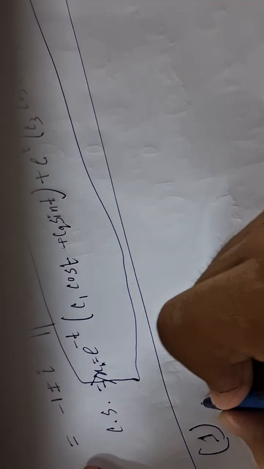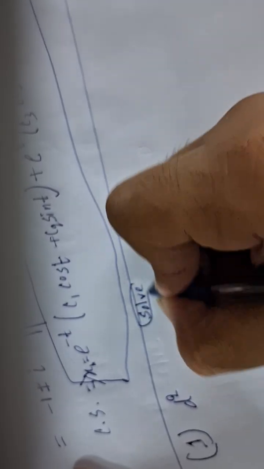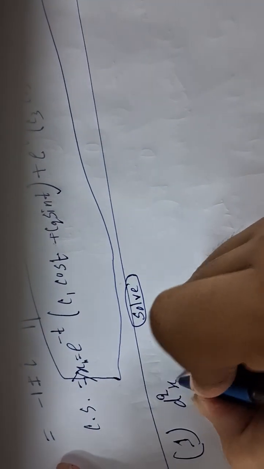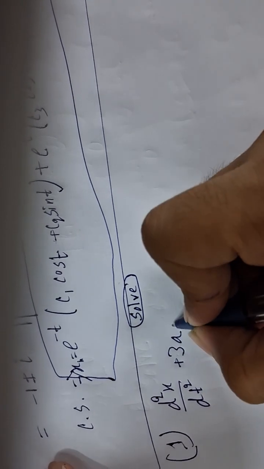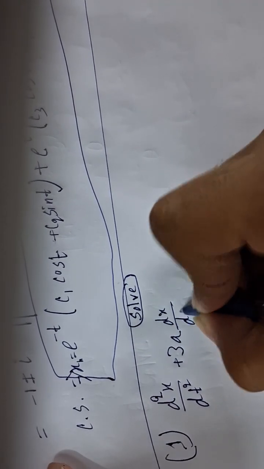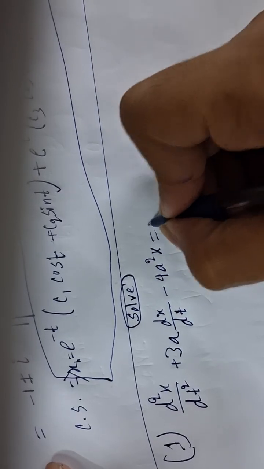That is type 2a, type 3 and type 4. Total 5 questions. First question: solve d square x by dt square plus 3a dx by dt minus 4a square x equals 0.